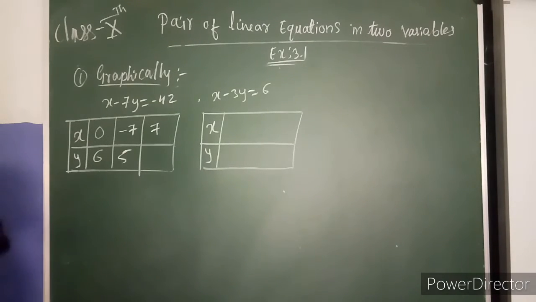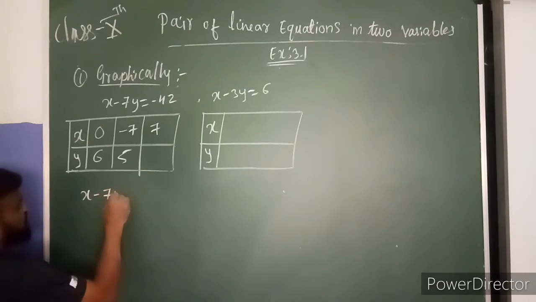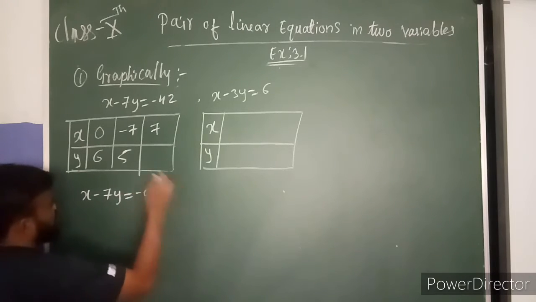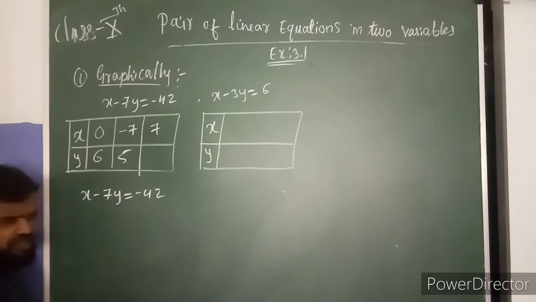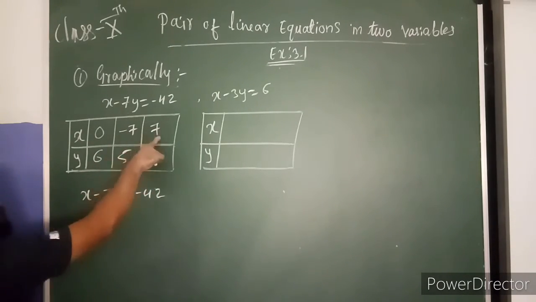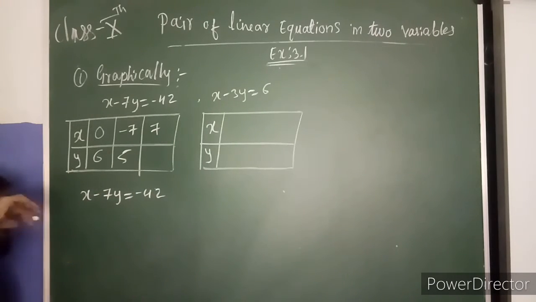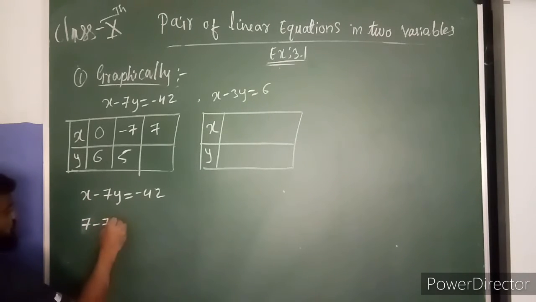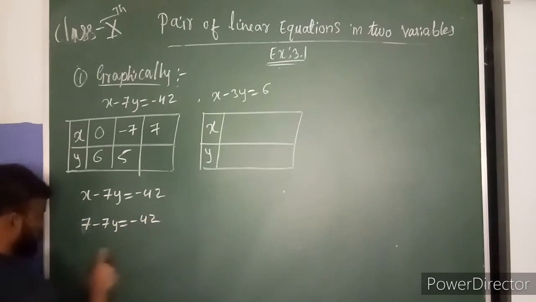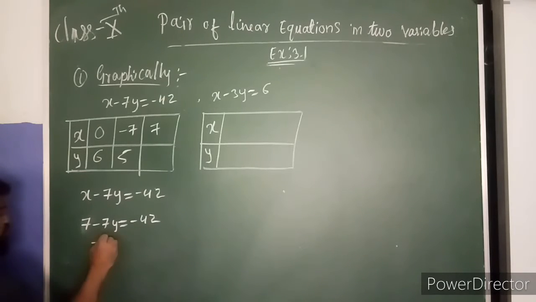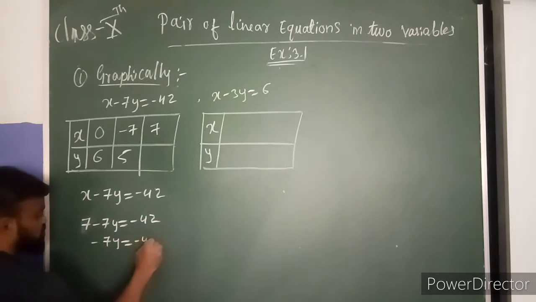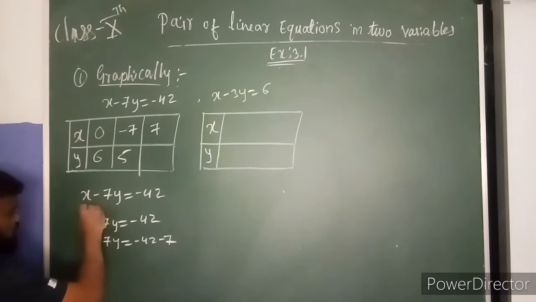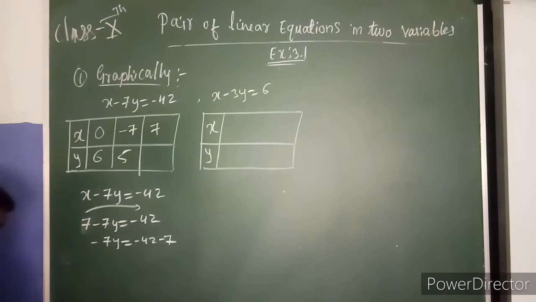So what is the equation? x minus 7y is equal to minus 42. Any 2 or 3 values we can find, that is enough. Okay. We take x as 7. 7 minus 7y is equal to minus 42. Plus 7, if I transpose this side, it will become minus. That is minus 42 minus 7.